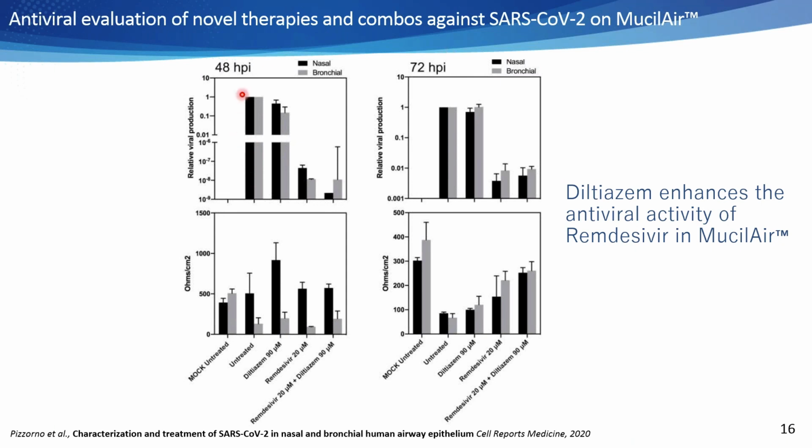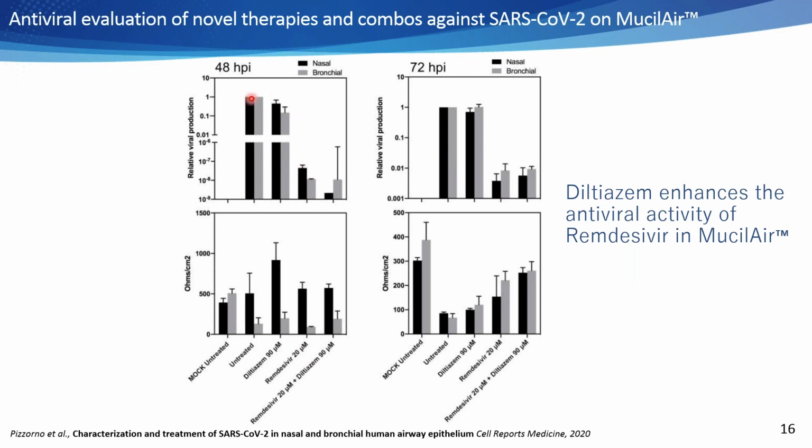So here are represented the relative viral productions. We fix 100% as 100% of viral replication, with the untreated condition. Untreated means that there is only the virus and no antiviral present. Then in this line is represented the effect of remdesivir.